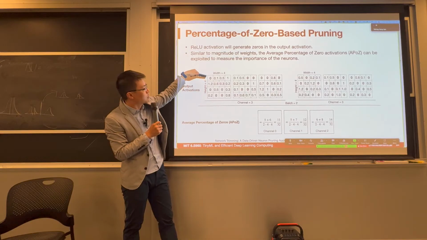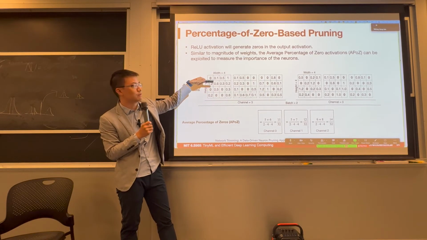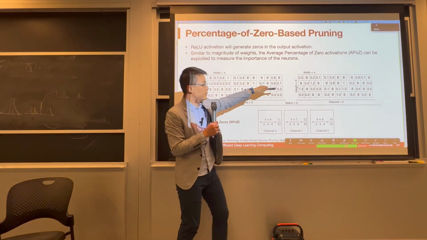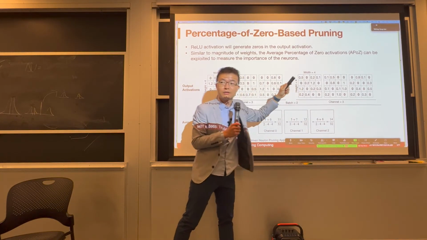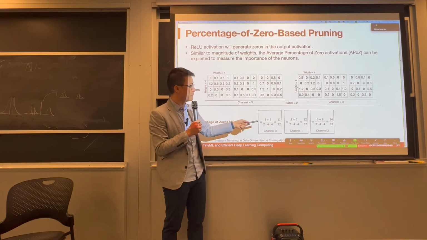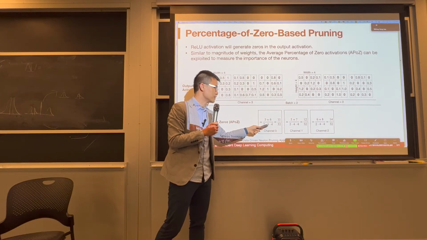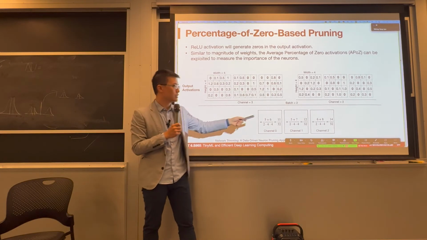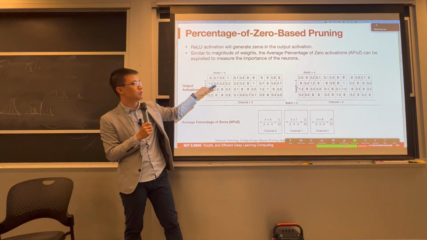And how many zeros are there? 1, 2, 3, 4, 5. Five zeros in the first image. In the other image, we have 1, 2, 3, 4, 5, 6. Six zeros over there. So the percentage of zeros will be 5 plus 6 divided by 32, which is 11 out of 32. That's the percentage of zeros in the first channel.